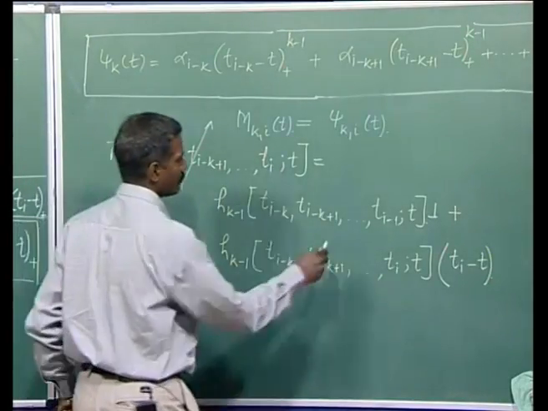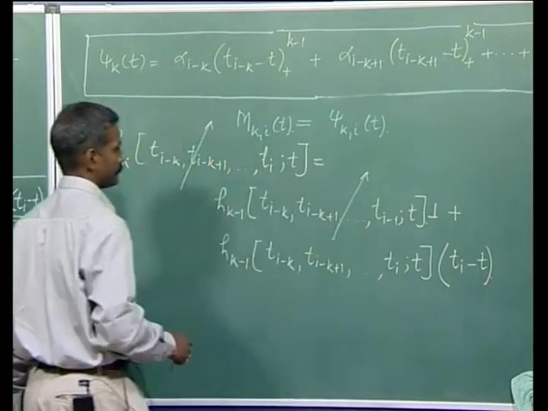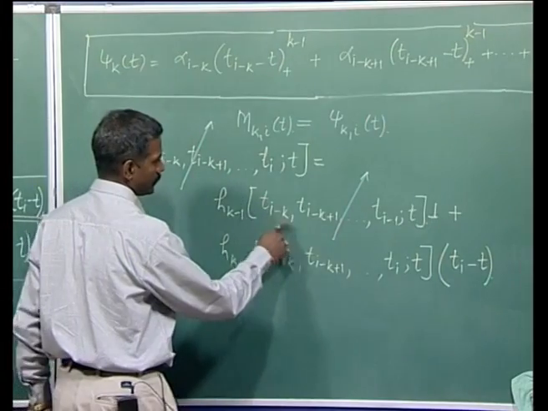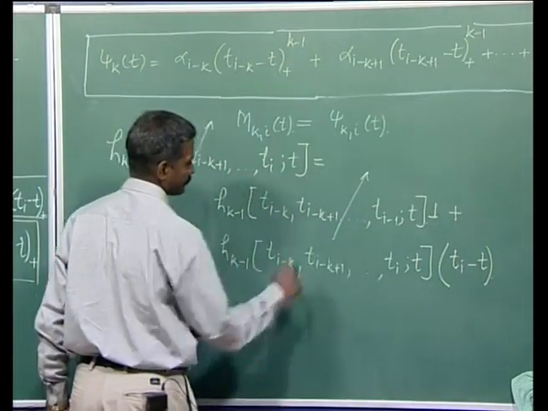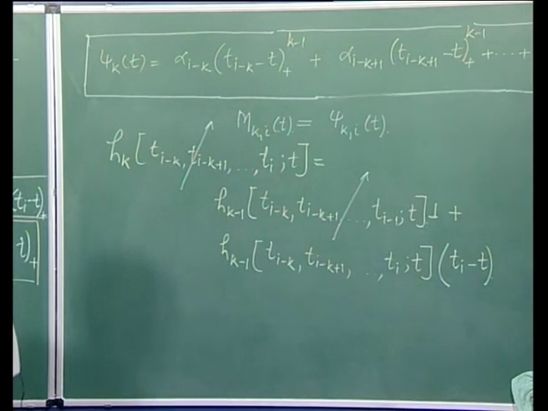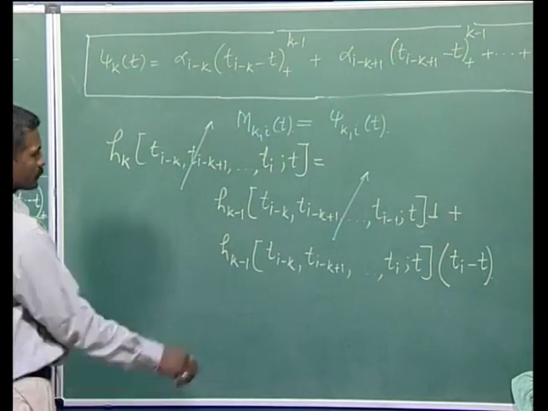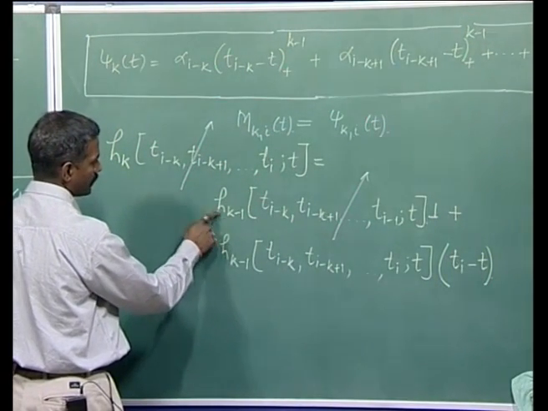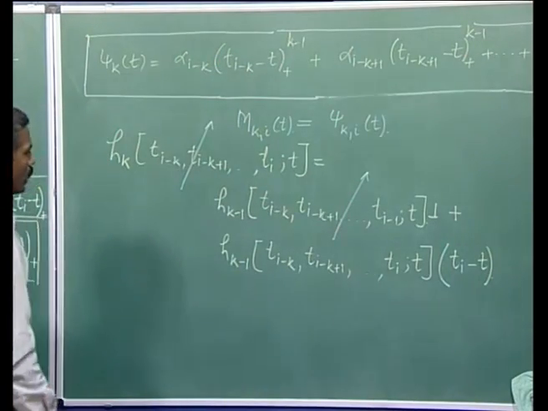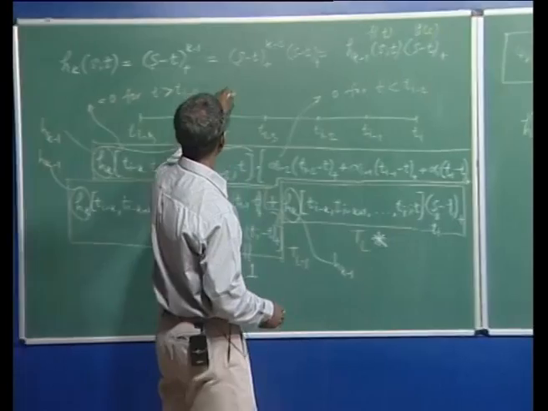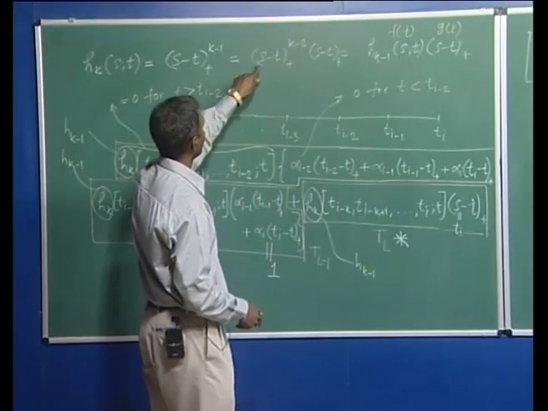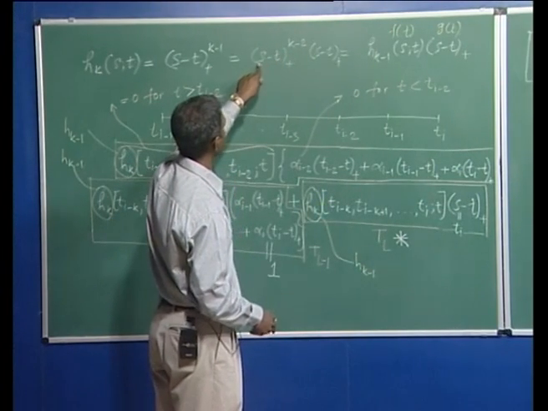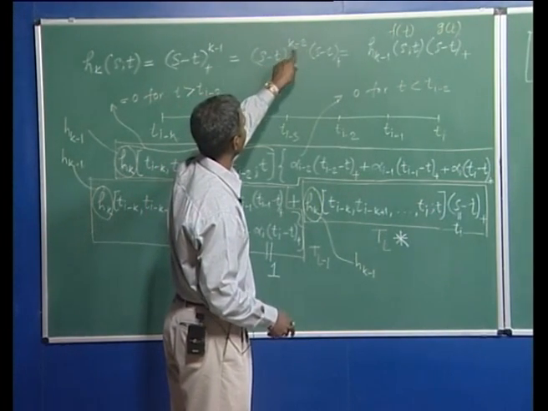What do you have to say about this? Look at these knots here. So this would correspond to the (k minus 1)th divided difference of h_{k-1}. What is h_{k-1}? h_{k-1} is (s minus t) truncated to the power k minus 2. This is the truncated power function of order k minus 1.